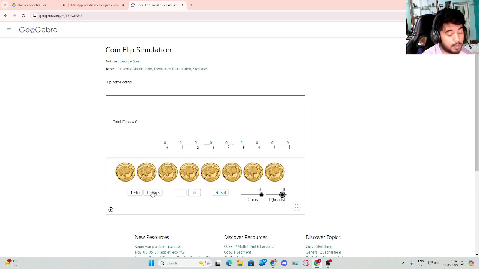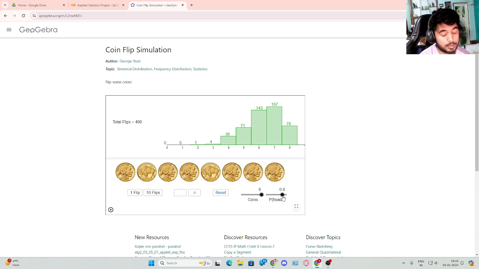Now if we keep on increasing the number of trials, it is a normally distributed graph again with a negative skew, because the probability of heads is 0.8, so the number of times that we get 6, 7 and 8 heads is more than the chances of 0 heads or 1 head.